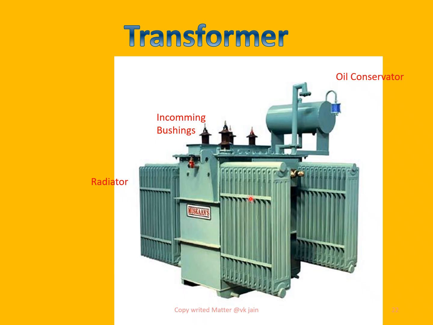The oil level must be maintained in the transformer, and that is done through the oil conservator. An oil conservator is provided here, and that keeps on supplying oil in case there is a leakage.